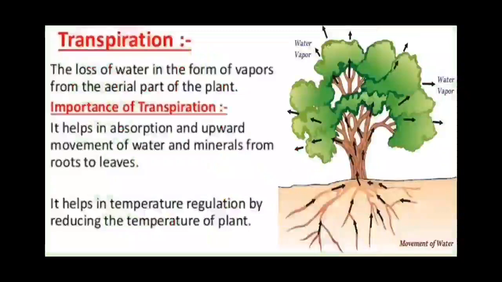Then it regulates the temperature as it cools the leaves and surrounding air, and it helps in getting rid of excess water from the plant, that is about 90% of water absorbed by the plant is lost by transpiration. Only 1 to 2% of water absorbed is used by the plant in photosynthesis and other metabolic activities.